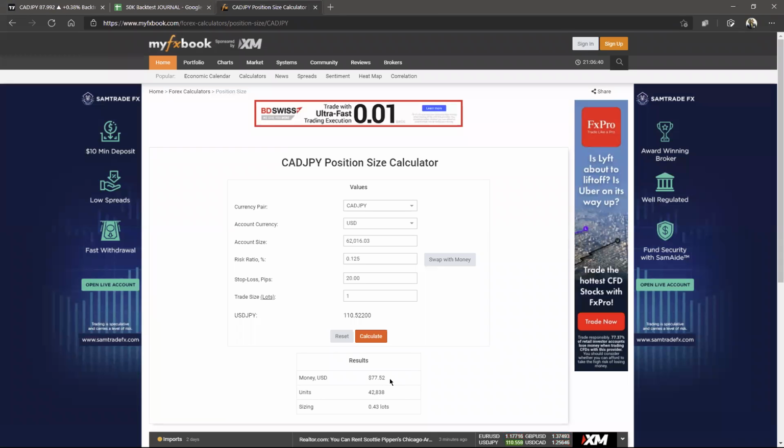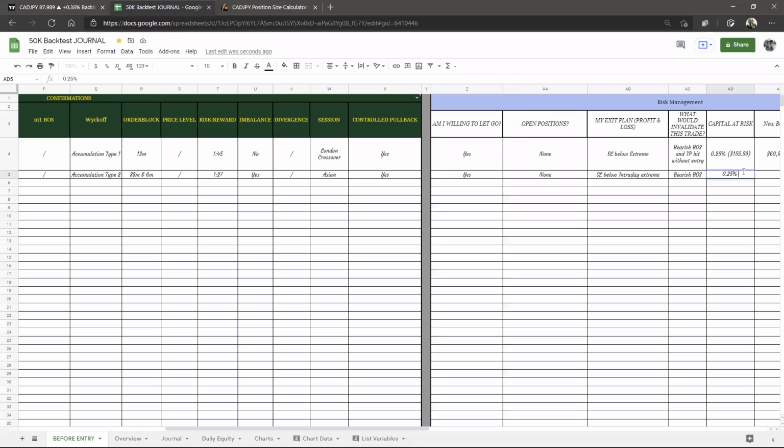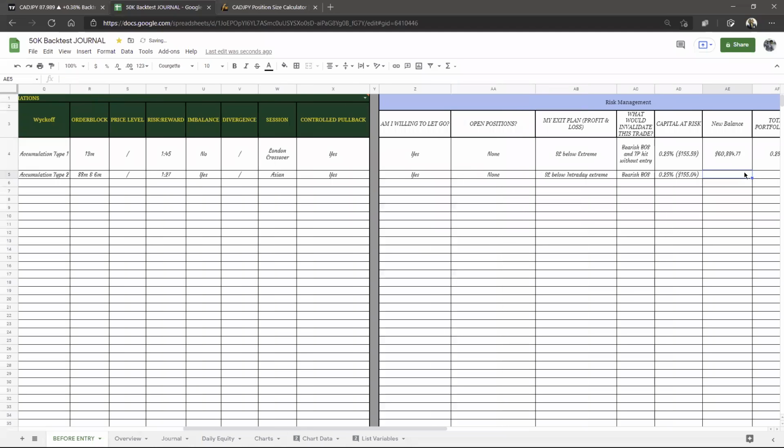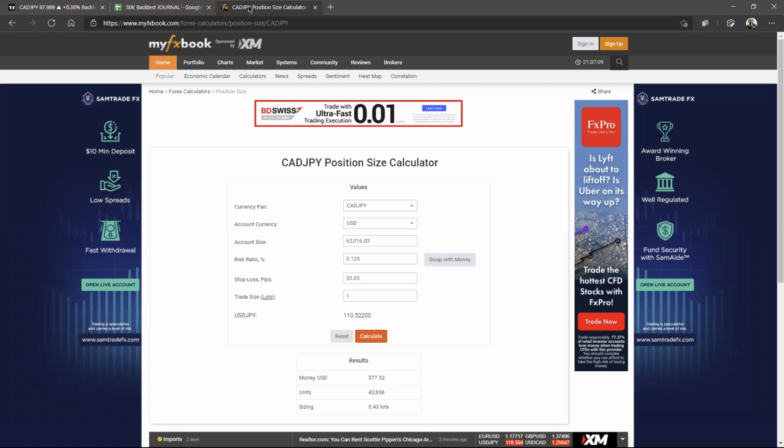74, 74. 155.04. The new balance. So 62,016.03 minus 155.04.